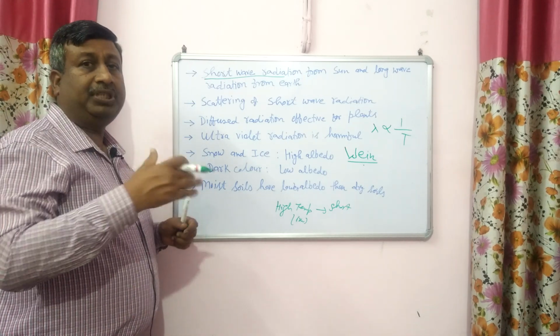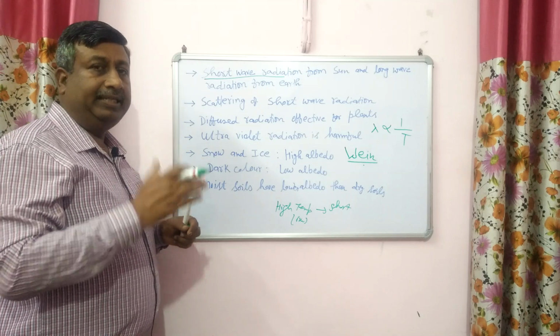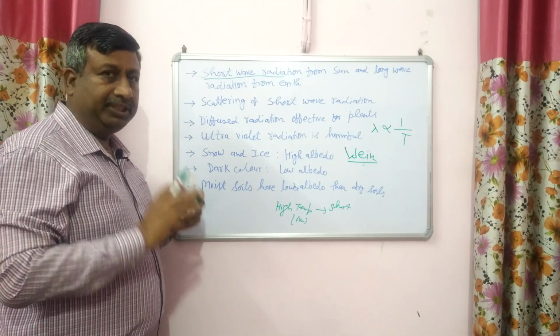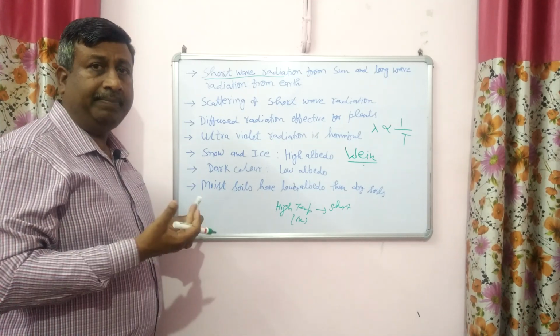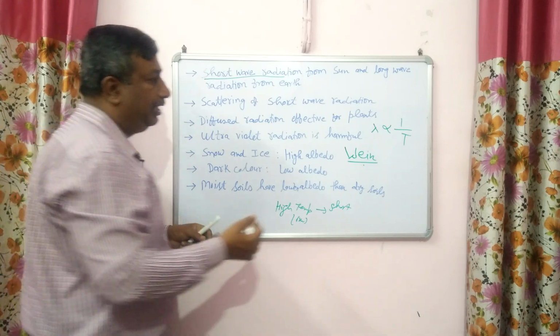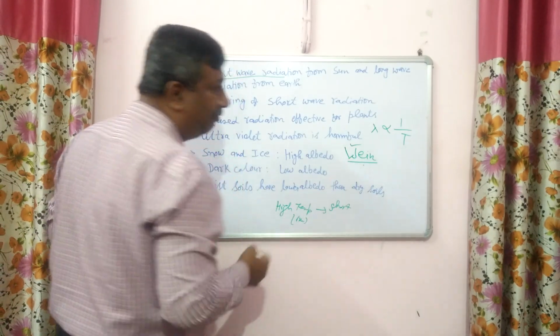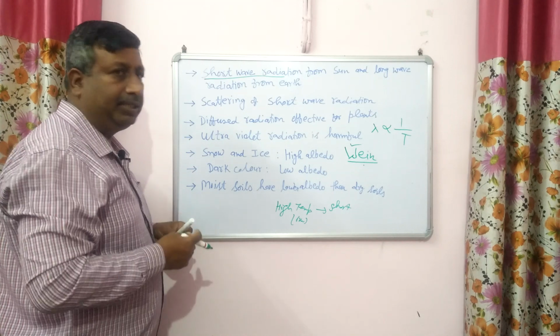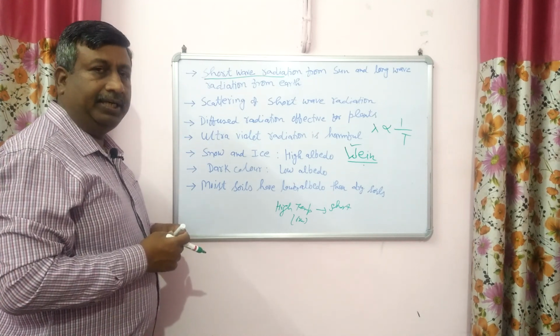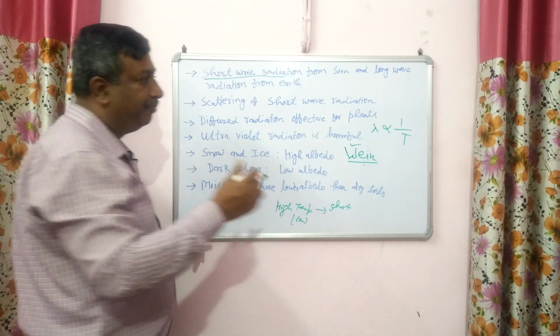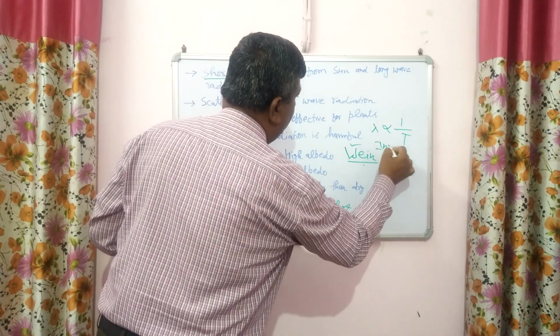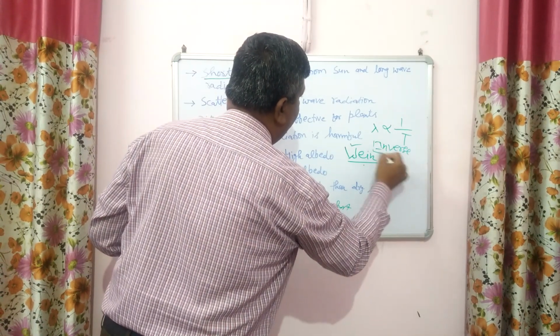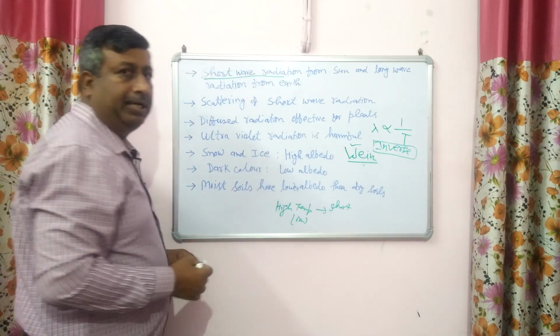As the temperature increases, the wavelength decreases. This is the reason that the earth emits long wave radiation, and the law is Wien's displacement law. It is related to the wavelength and the temperature, and the relationship is inverse. So please note down that this relationship is inverse, and here lambda is wavelength.